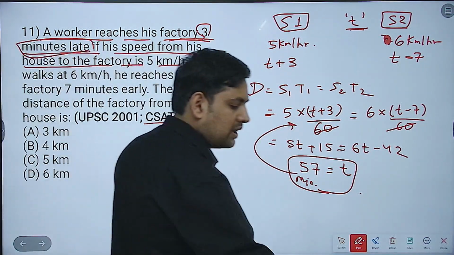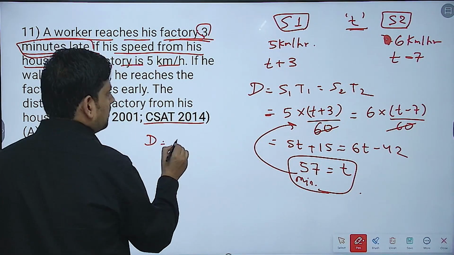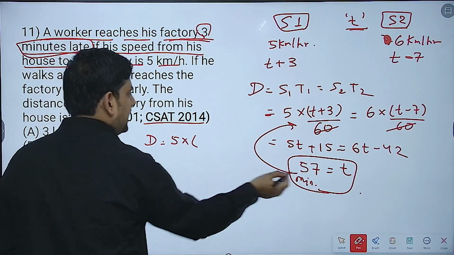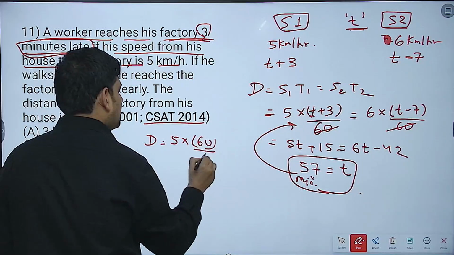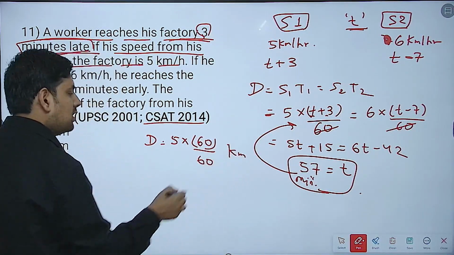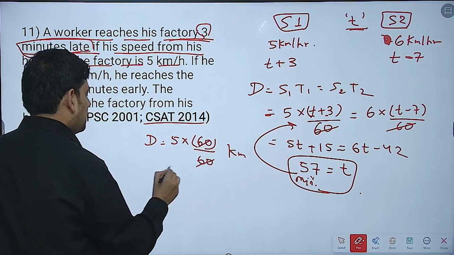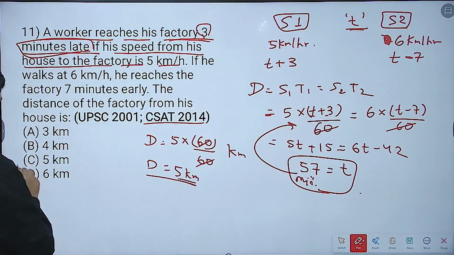Now what will you get? Distance will become equal to 5 into t plus 3. So t is 57. 57 plus 3 is 60. 60 divided by 60 kilometers. What you got? 60 and 60 will cancel out. Distance will come out to be 5 kilometers. This becomes your answer.